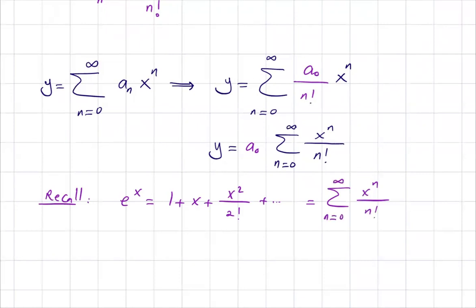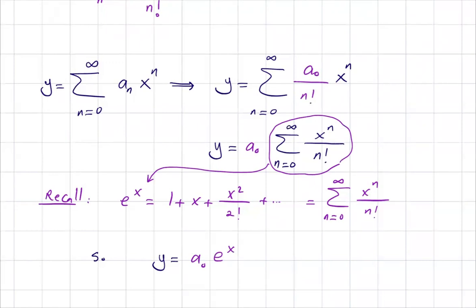So if you plug in 0, you get a sub 0 times 1 plus the rest of the terms. So your y is equal to a sub 0 times e to the x. This guy is the exponential function e to the x.